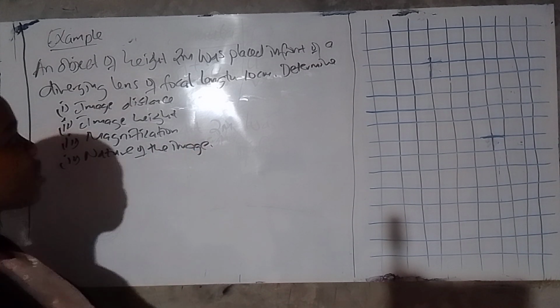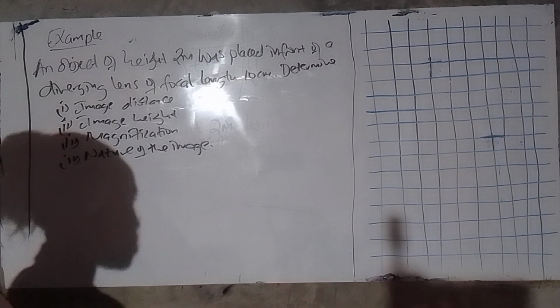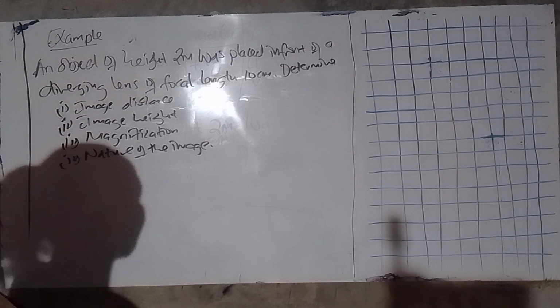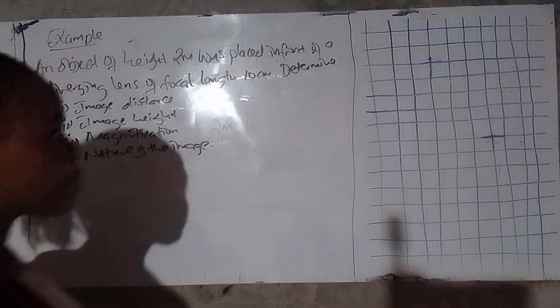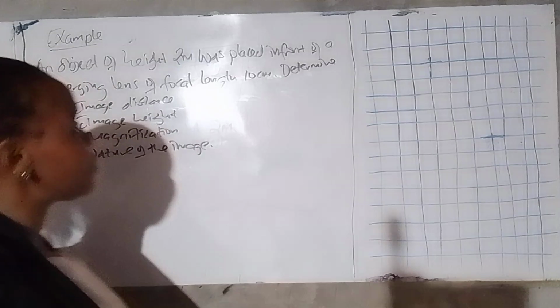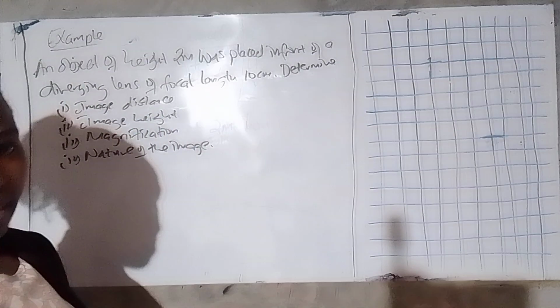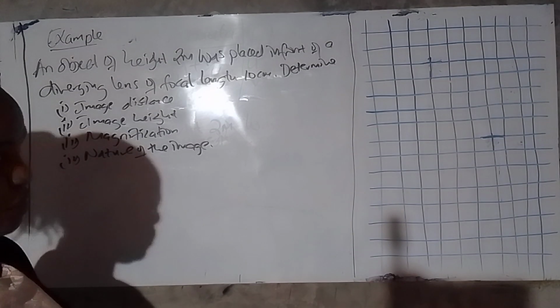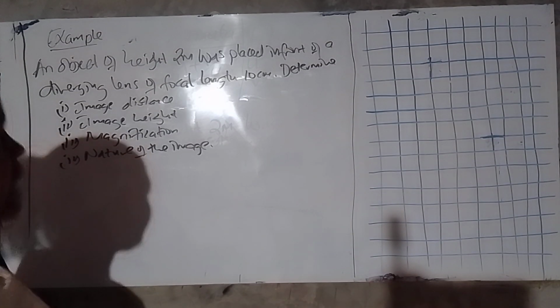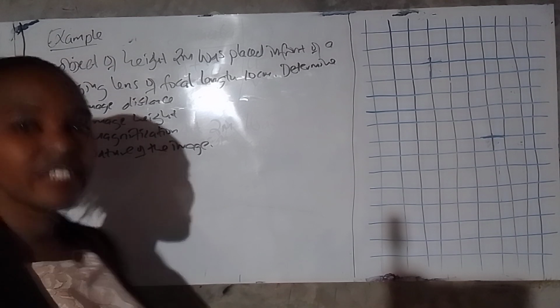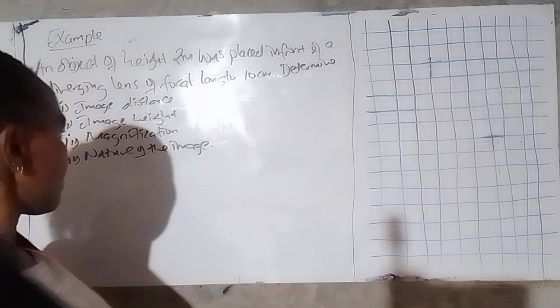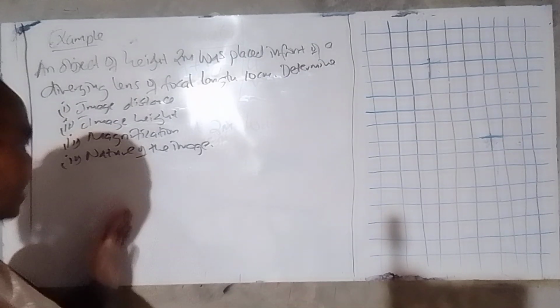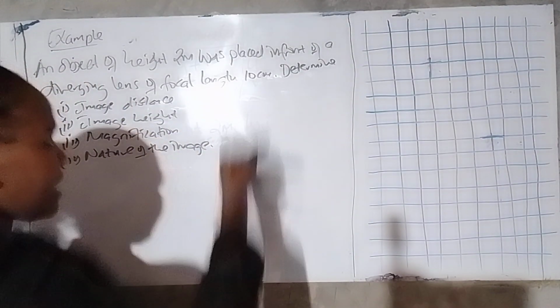Okay, so this time we are using the same question of an object of height 2 meters, which was placed in front of a diverging lens of focal length 10 centimeters. Now we want to determine the image distance, the image height, the magnification, and the nature of the image using that lens formula.